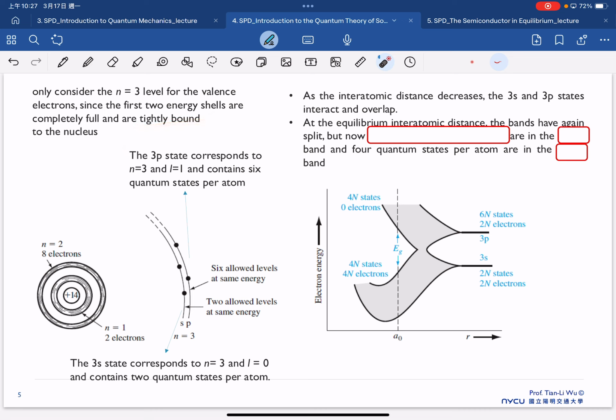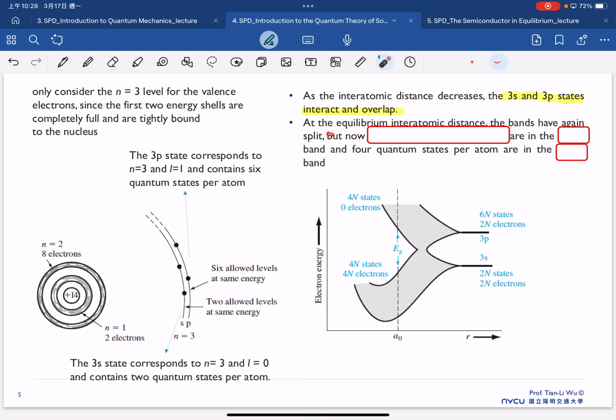As the interatomic distance decreases, you have other atoms coming close by, and that will influence the outer part. The outer part, which is the 3s and 3p, will interact and overlap, because the first 2 shells are tightly bound inside.